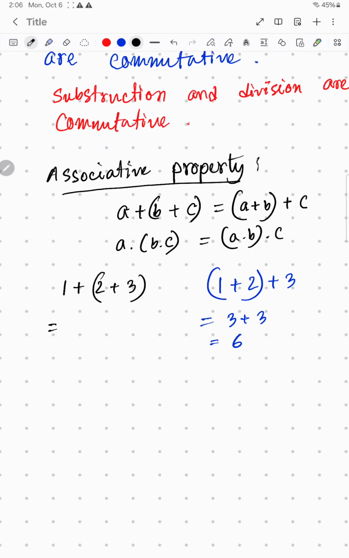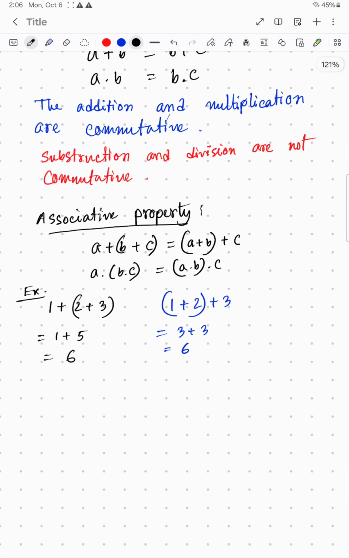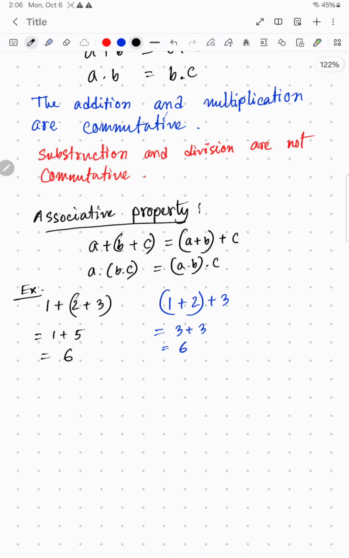Now on this side, if we add 2 and 3 first, we get 5. So in both cases, it doesn't matter which one we do first. In both cases, we get 6. Right? So this is called the associative property. Remember, the division and subtraction are not associative. Next one is the most important. We use this a lot. It's called distributive property.